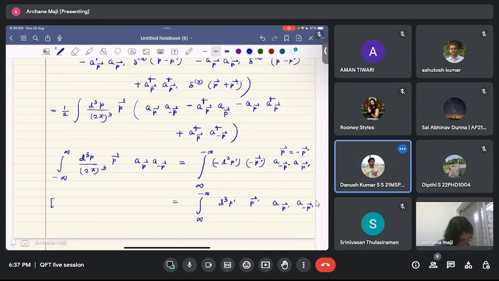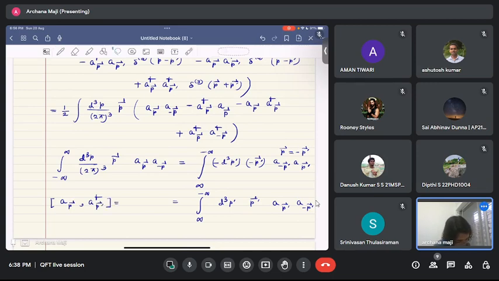Yeah, because the commutation relation for the creation and annihilation operators, a p, a dagger p prime, is equal to 2 pi q delta 3 p minus p prime.